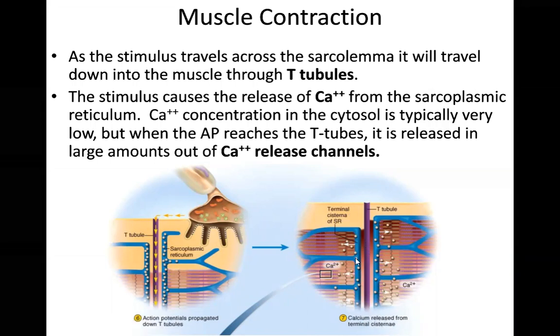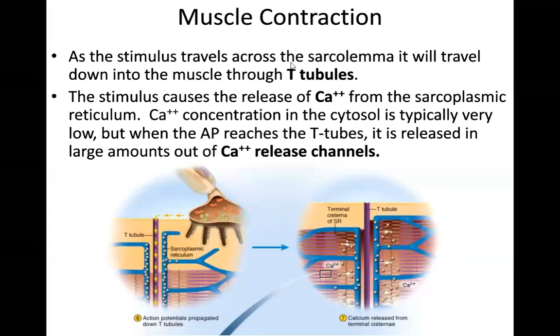That is where you have channels, literally called calcium release channels, that tell you exactly what they do. Release calcium. Calcium that's dumped out of the SR into the sarcoplasm, where that calcium is going to flood and find the troponin and tropomyosin stuff that we were talking about just a little bit ago.